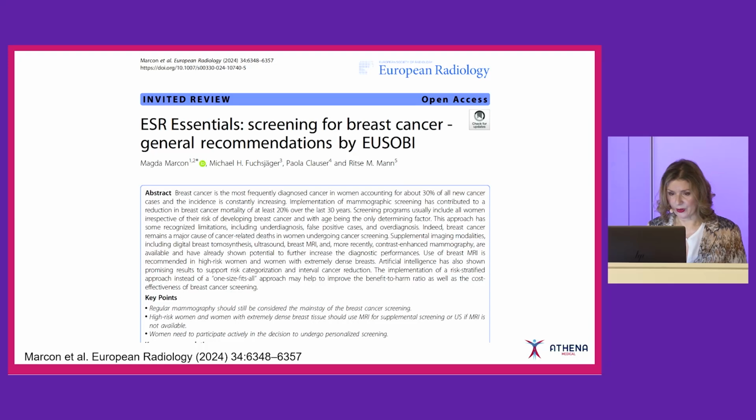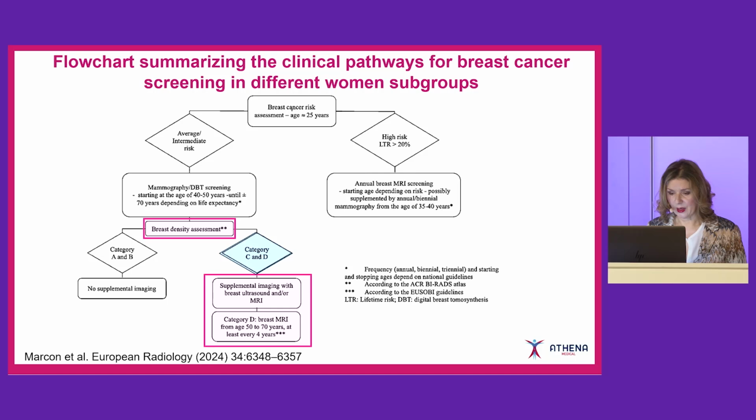And a very new article was published in European Radiology by Magda Macron, highlighting that in women that have ACR C and D, you can see here on the flow chart, breast parenchyma, supplemental imaging with breast ultrasound and or MRI should be suggested.